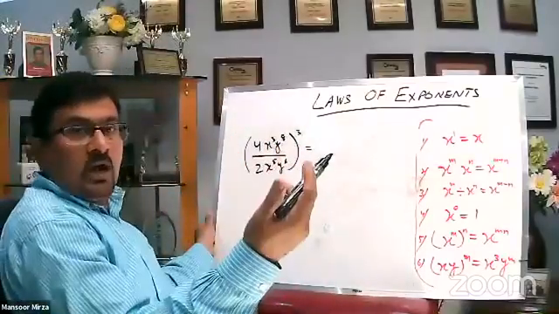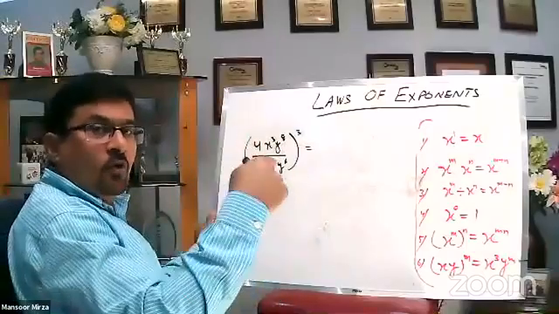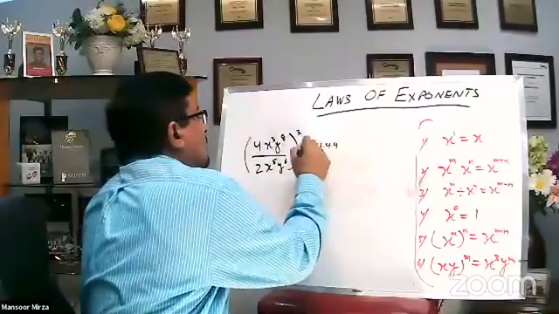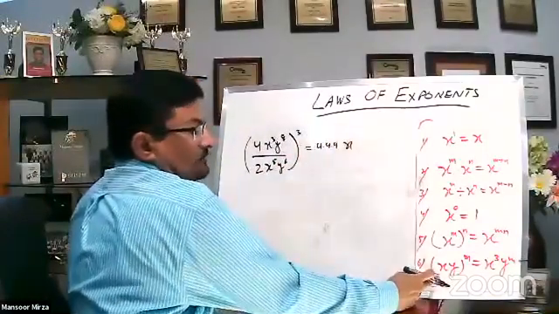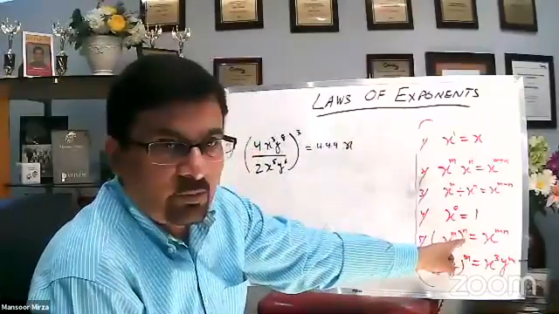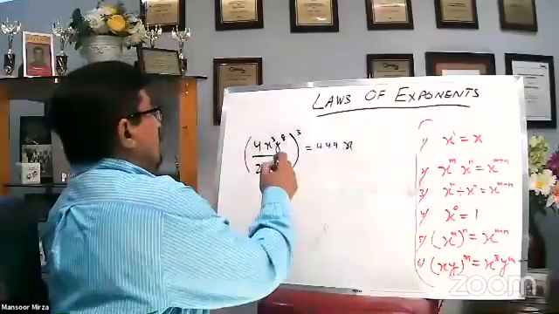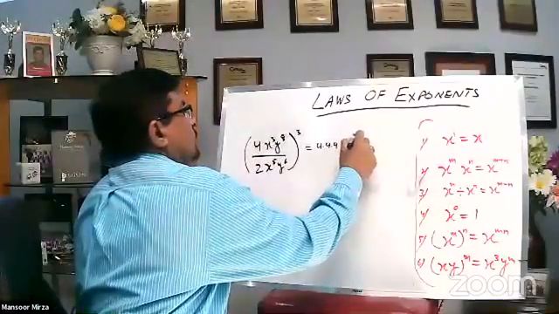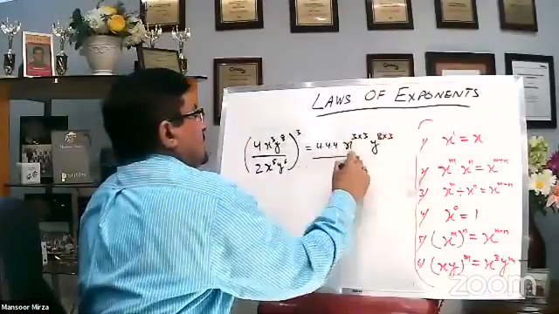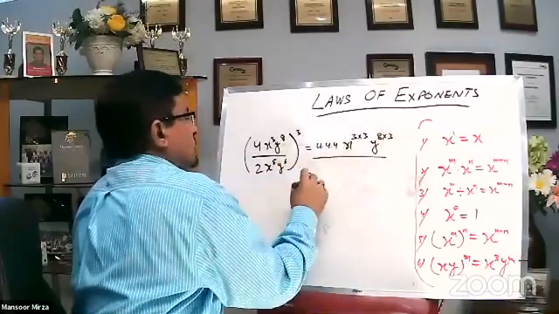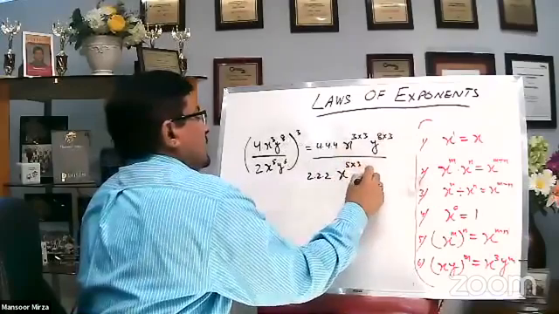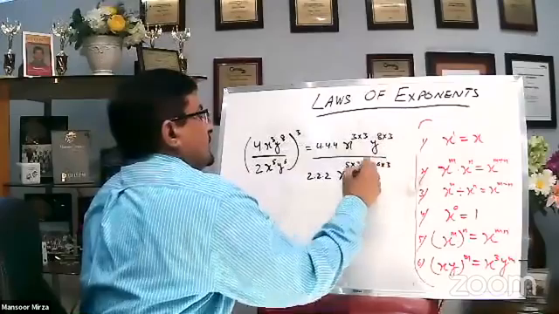So 4 to the power 3 means 4 into 4 into 4. So I am going to write down 4 into 4 into 4, and then remember this law, number 5, power of a power, where we multiply these exponents. So here I'm going to write down x^(3 into 3) and y^(8 into 3). In this case, again 2 into 2 into 2, x^(5 into 3), and then y^(6 into 3).